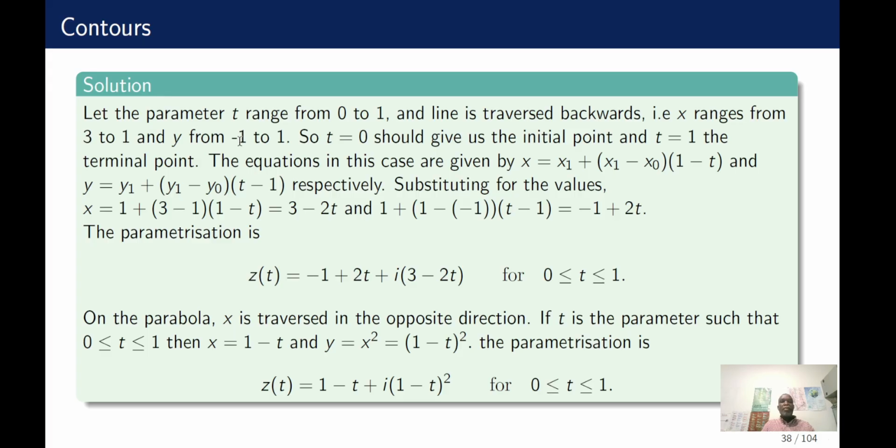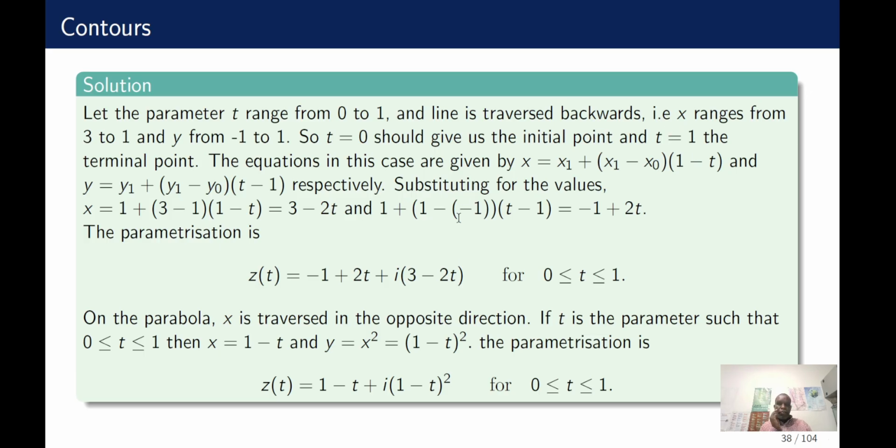When t is equal to 0, it should give us the initial point, and when t is equal to 1, you should get the terminal point. So when t is 0, we're at the point (3, -1), and when t is 1, we're at the point (1, 1).